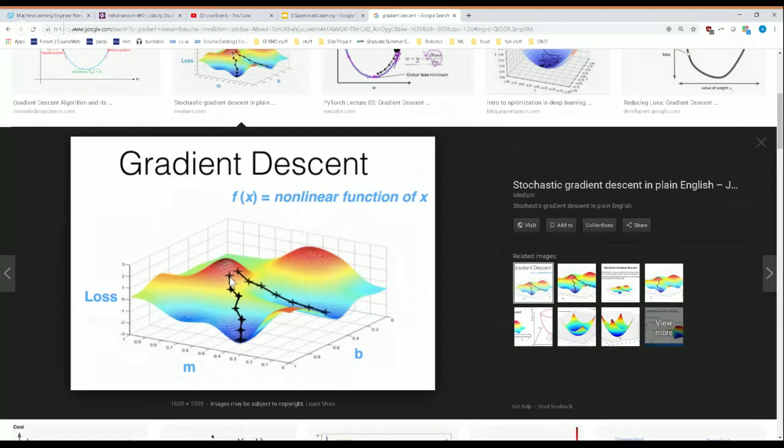When you create your algorithm and perform learning steps, modifying the values of beta 0 and beta 1 to adjust your line to best fit the data, you need to make sure that you're hitting a global minima and not a local minima. When you're just dealing with a single line, that's very easy to do.